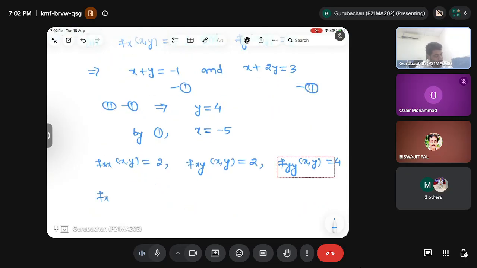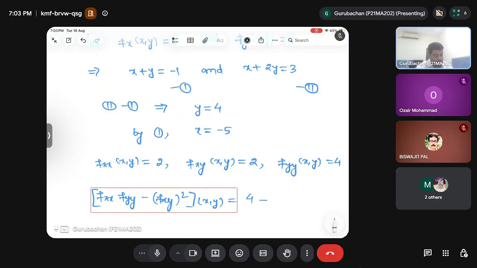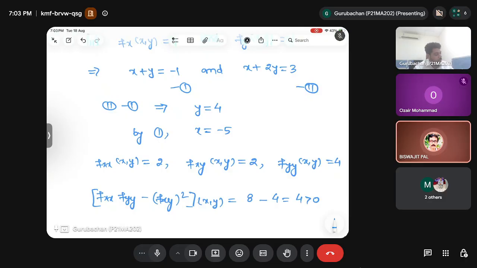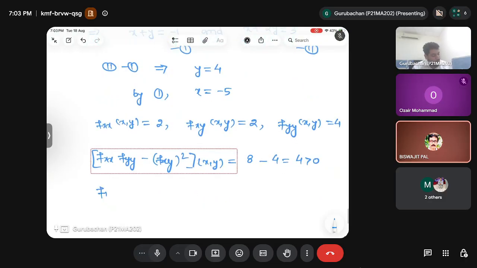So when you calculate fxx fyy minus fxy whole square at any (x,y), this will be 8 minus 4, that is 4. So obviously it is equal to 4, greater than 0, so it is a point of local minima.